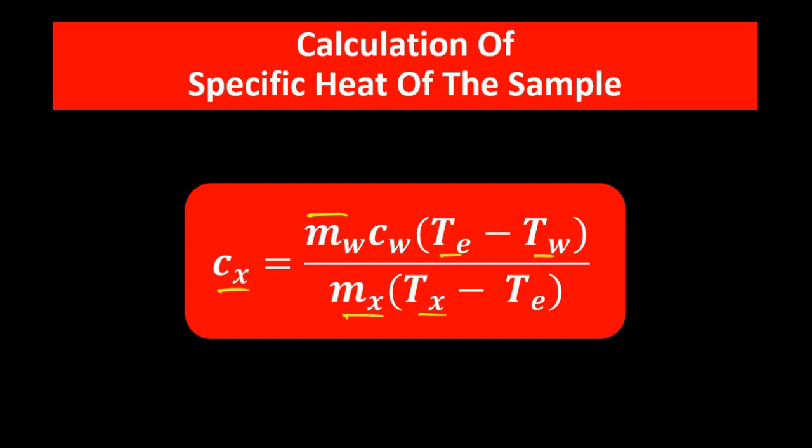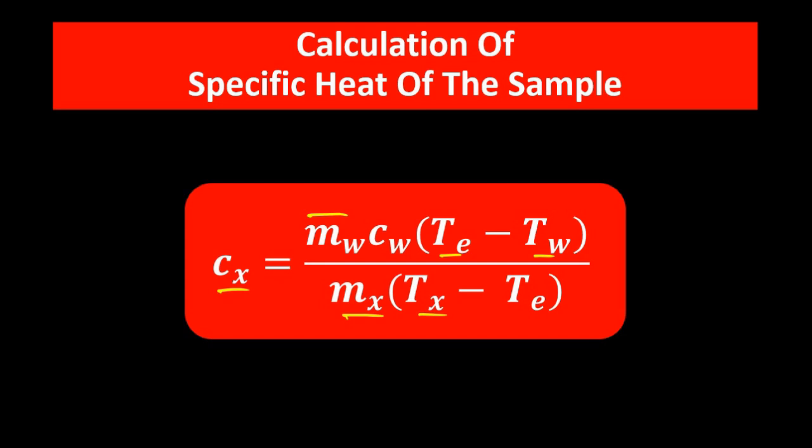These are the standard things which are generally calculated, whether you want to calculate the specific heat of the unknown substance or its mass, the mass of water which is used, the equilibrium temperature or the initial water temperature. But the initial water temperature is always recorded, so again no need for that.